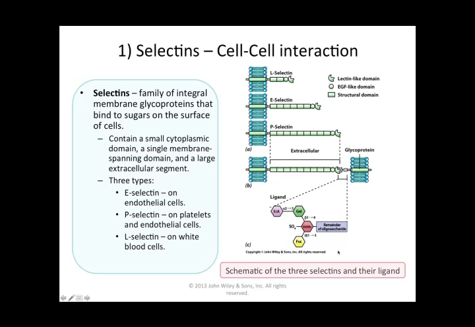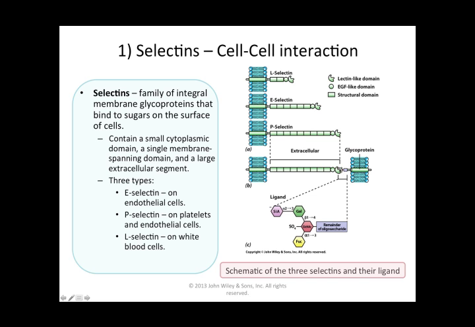So let's go one by one. First one are selectins. You can have a couple different kinds of selectins, so L-selectin, E-selectin, P-selectin. The first thing you notice, there are different lengths of these structural domains. On the L, they have this lectin-like domain, so that just means they like to bind sugars.